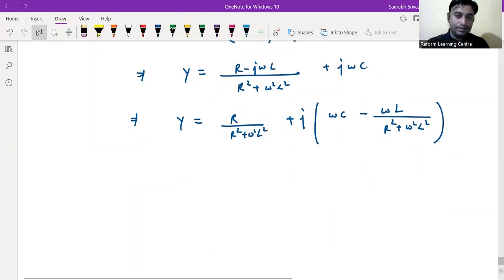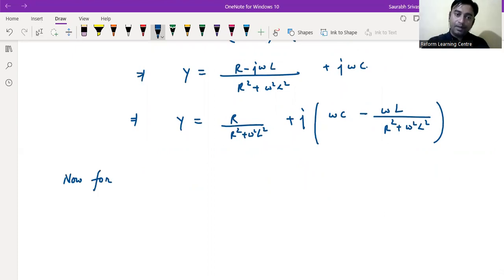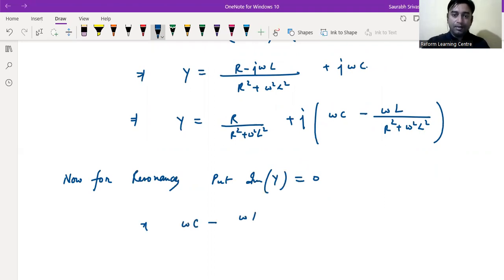Now, for resonance, क्या करना है? Put imaginary part of Y equal to 0. That means omega C minus omega L upon R square plus omega square L square is equal to 0.